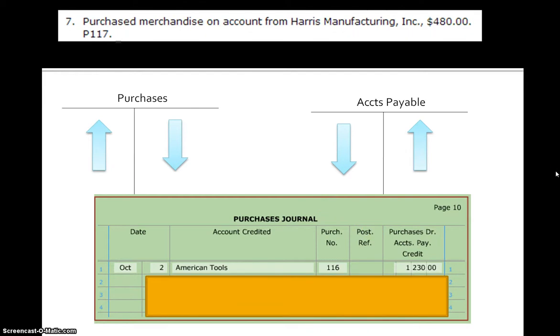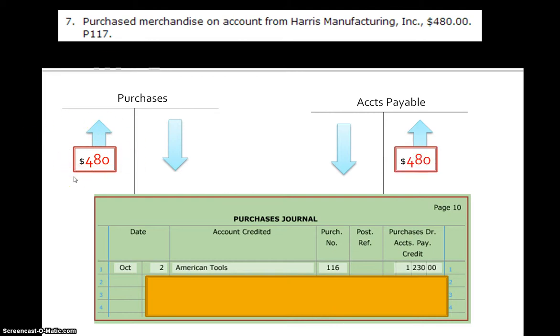Okay, so the next one is we purchased merchandise. That means the purchases account is going to be used. On account, that means we have to use the purchases journal because it was bought on account, and it was from Harris Manufacturing Incorporated. So it was for $480, and we used purchase invoice number 117. So once again, we're going to debit purchases for $480.